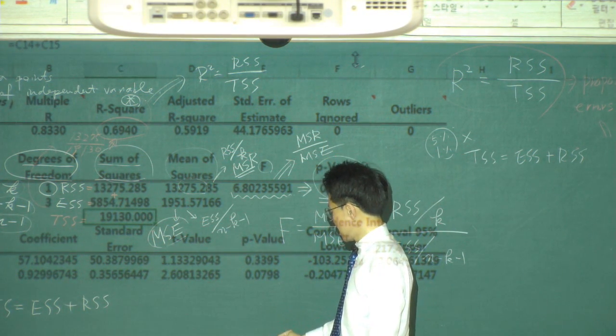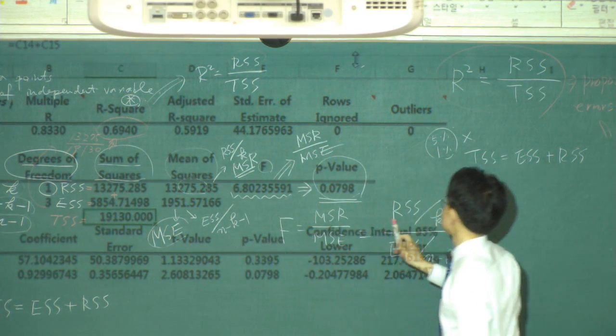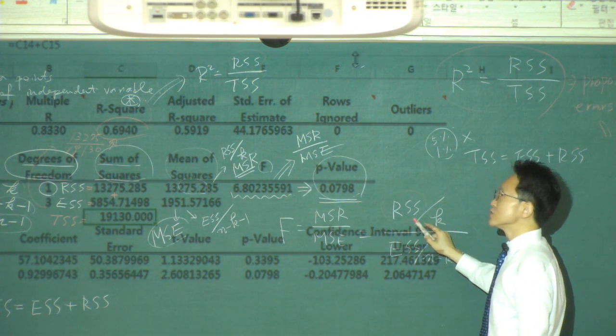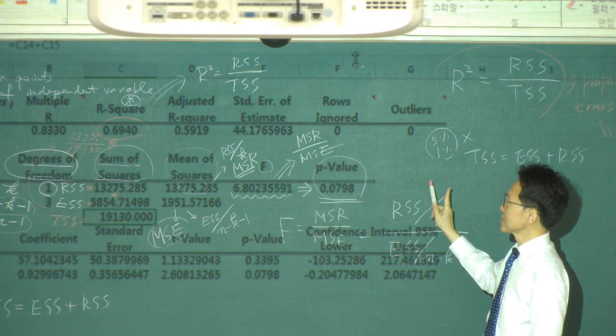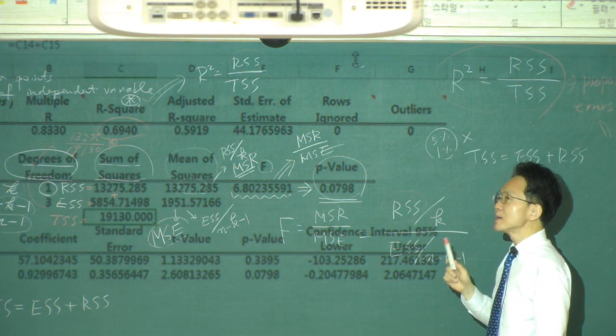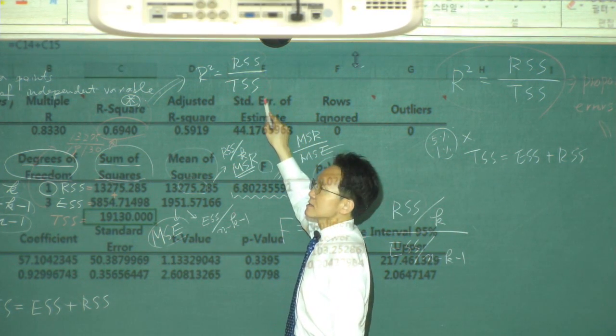In other words, the numerator is similar. The numerator is the same, RSS, the regression sum of squares. But the difference is the denominator, right?